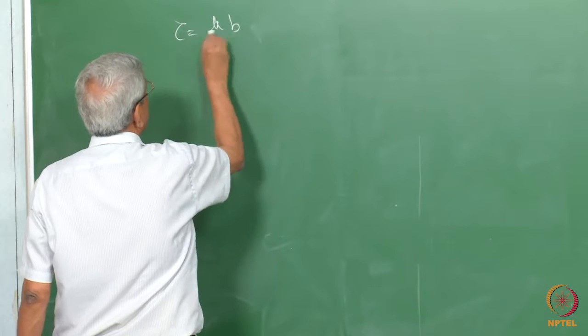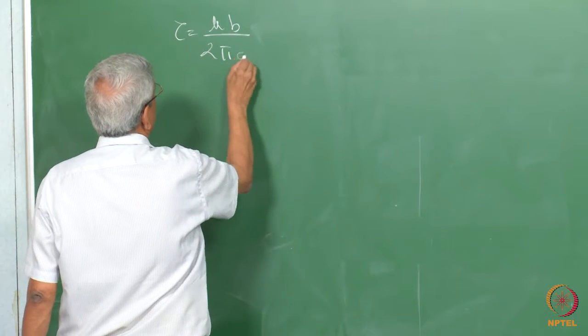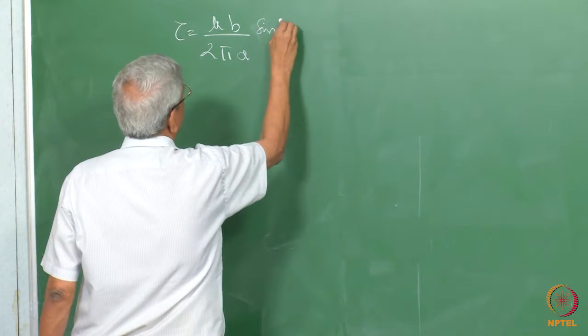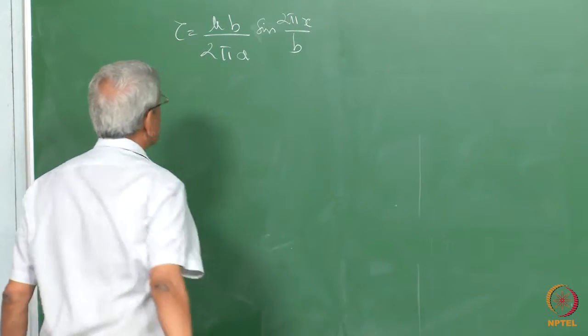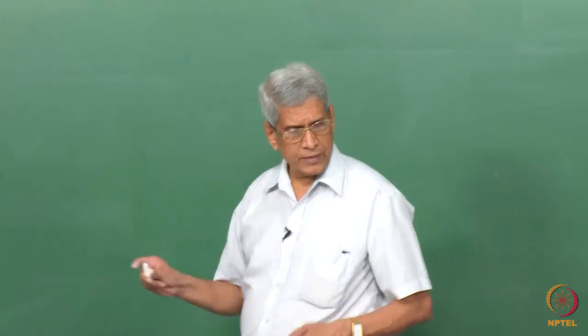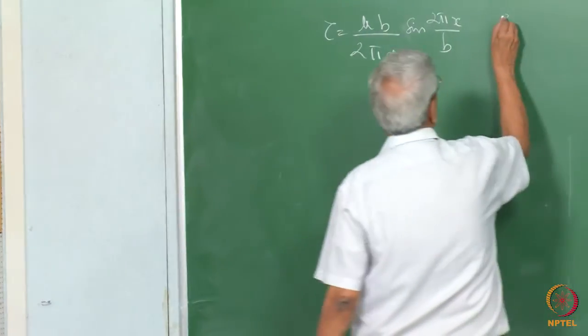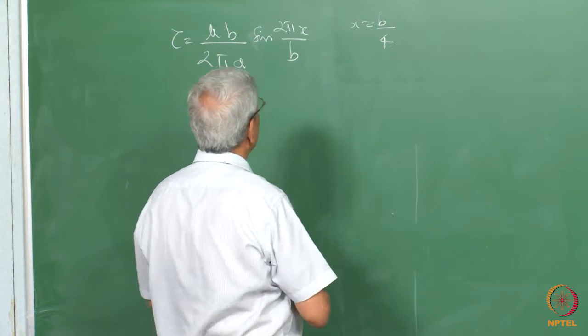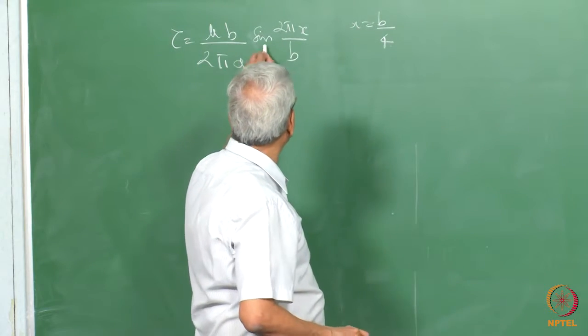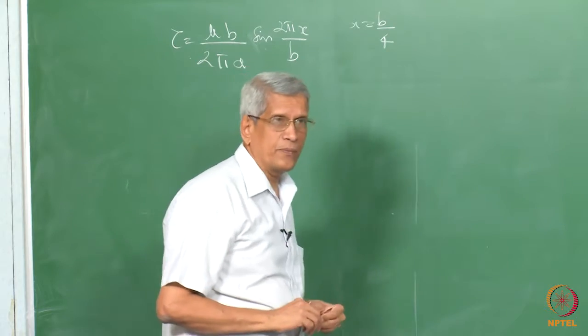Tau equals mu b by 2 pi a into sine of 2 pi x by b. This is how this term should be. When x equals b by 4, the sine is 1, so this will become a maximum value.